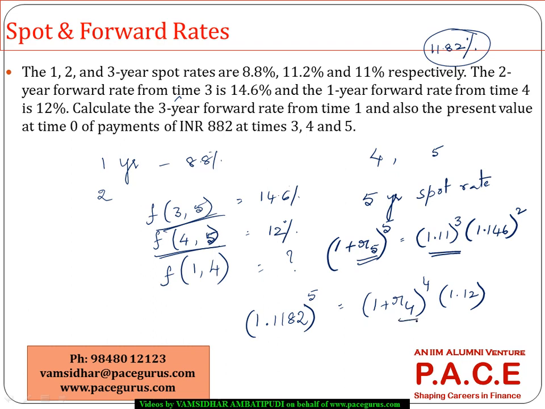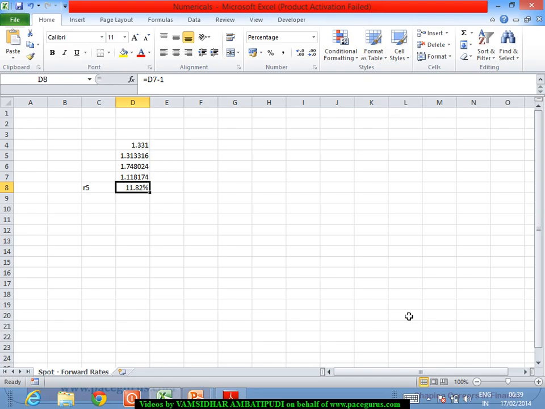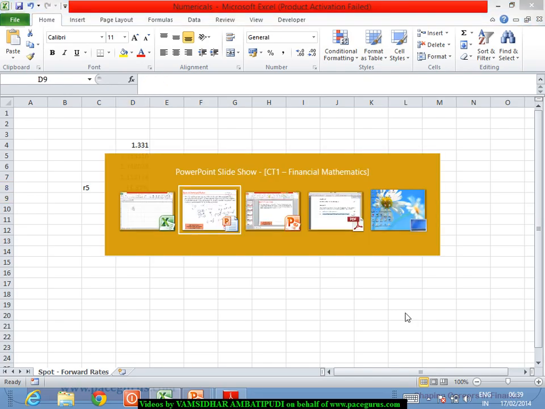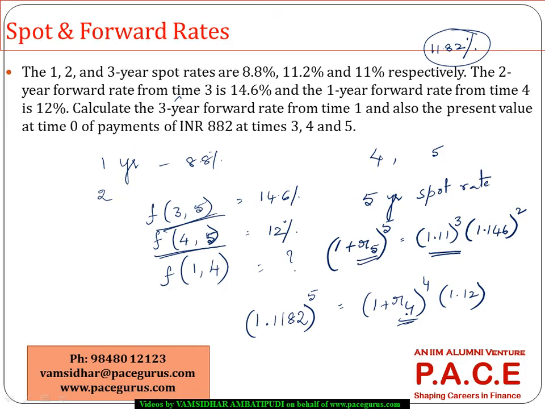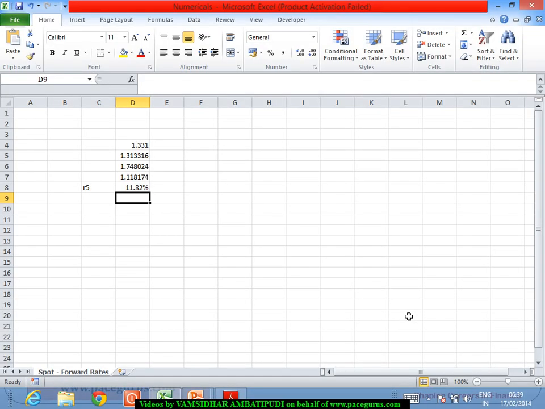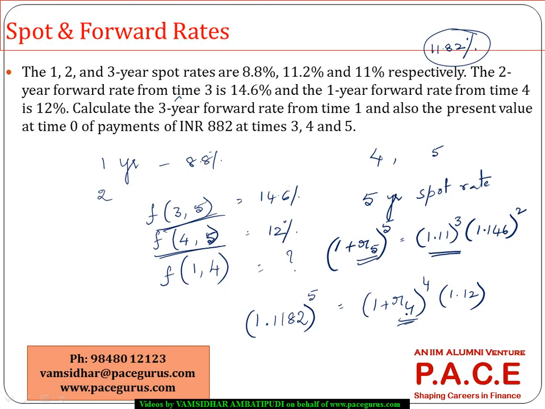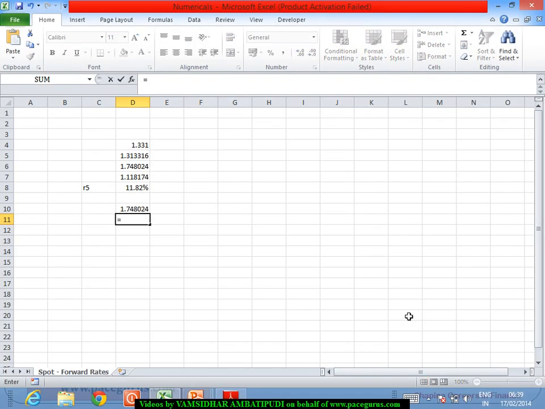So from here I can find out my R4, right? For finding R4, I take 1.1182 to the power 5, and divide that by 1.12.